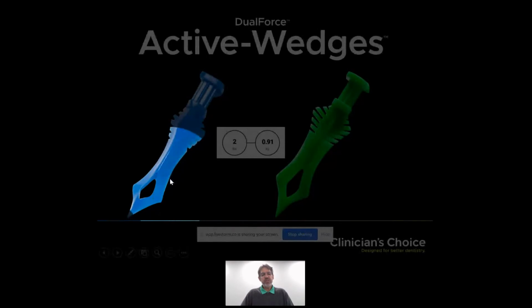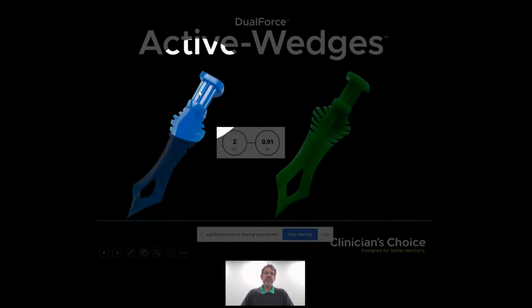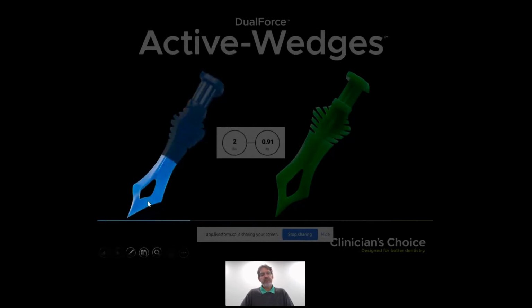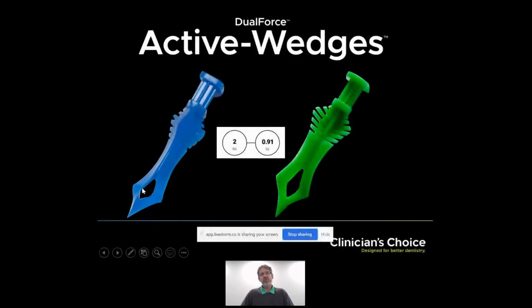We made the contour such that you're going to seal the matrix band better on the lingual aspect of the restoration. We have this little area, which is very nice if you're using, say, a hemostat or locking tweezer for placement and removal. The tip is at a 45-degree angle, so when you insert this wedge, it's almost like a suture analogy, so as to prevent any damage to the interdental papilla.